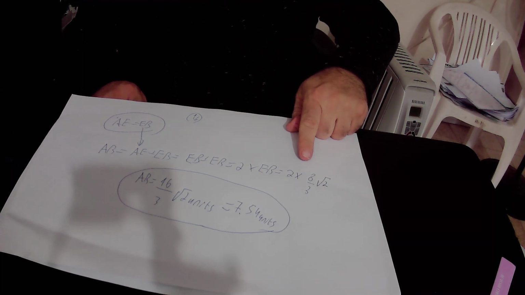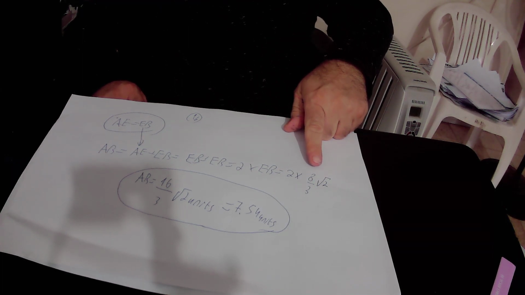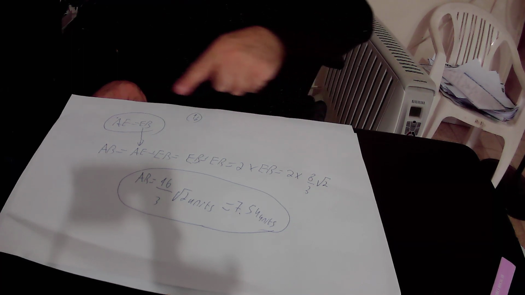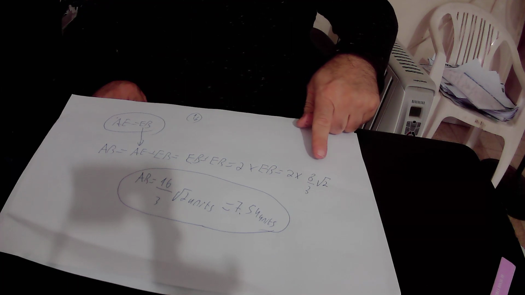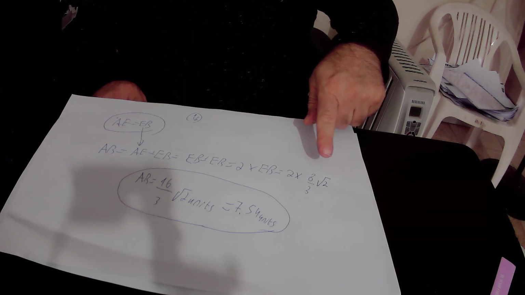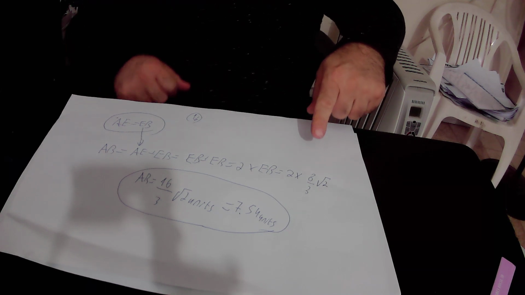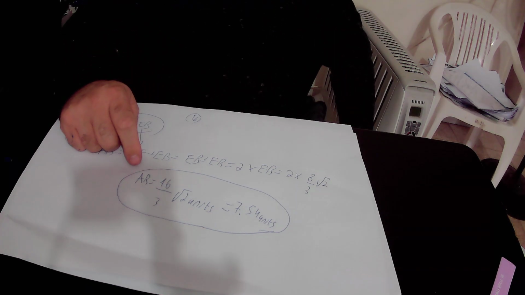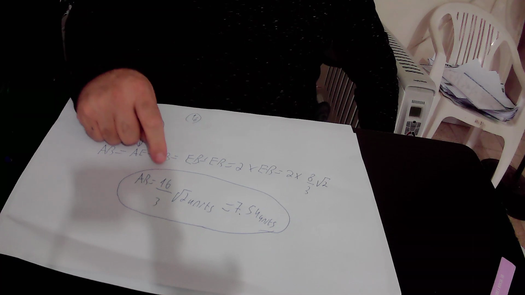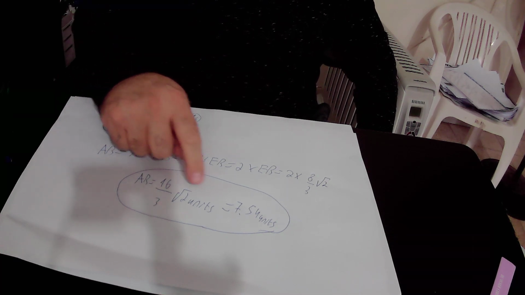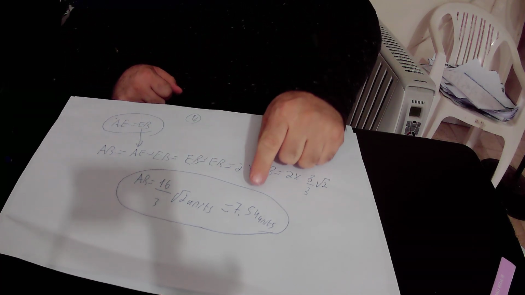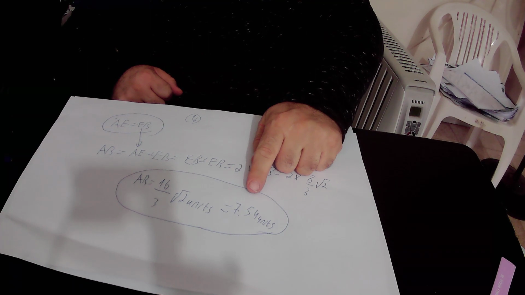And we already found that EB equals 8 over 3 times the square root of 2 units. So AB equals 2 times 8 over 3 times the square root of 2. 2 times 8 is 16, so in total AB equals 16 over 3 times the square root of 2 units, or in terms of numbers, AB equals 7.54 units.